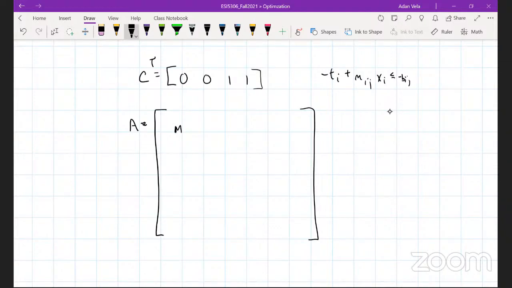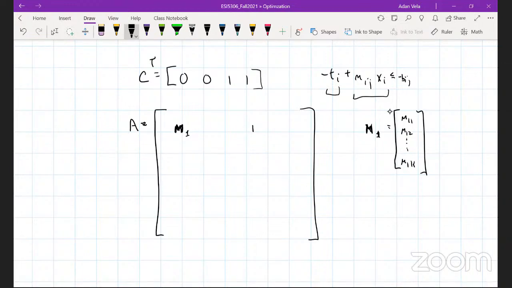So I'm going to make this bold, and I'll say M1. Again, it's a vector with m11, m12, all the way to m1k. That will allow us to capture this guy here. We then need to get in the ti.